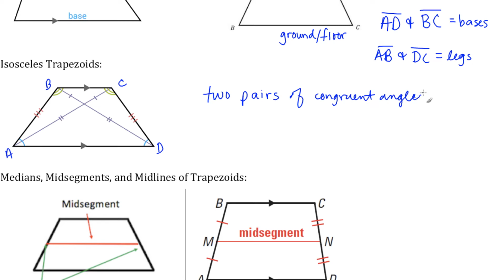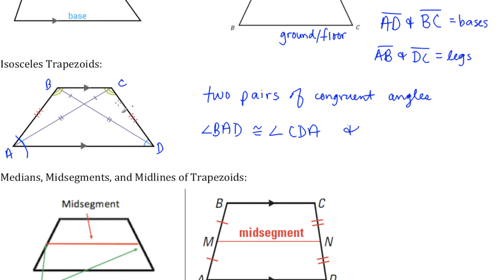For instance, angle BAD is congruent to angle CDA.